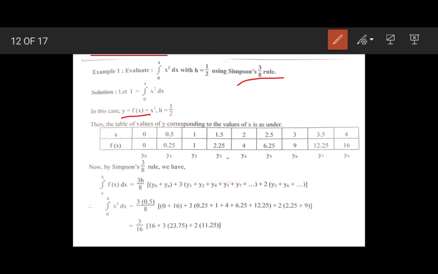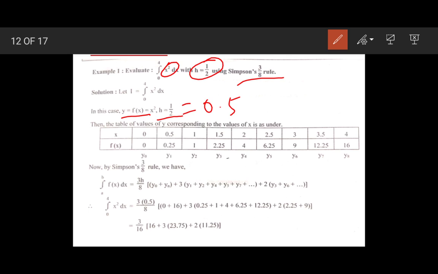F of x is x square, this term is the function, so y is x square. Now here h is given, so directly we can write h as 1 upon 2, or we can write this as 0.5. Now we are going to prepare the x and y table.